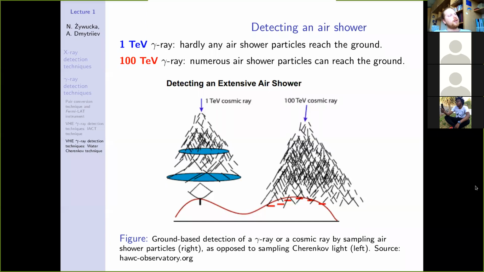If you have a 1 TeV gamma ray or cosmic ray, it produces a shower, and the first interaction occurs at an altitude of 20 kilometers. The peak, where you have most of the particles, is around 10 kilometers, but then the shower fades out because, when particles break into more and more particles, each particle obviously has less energy.